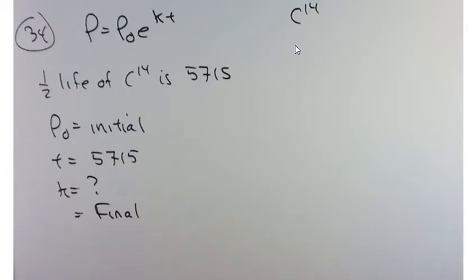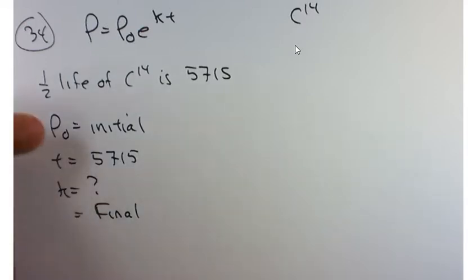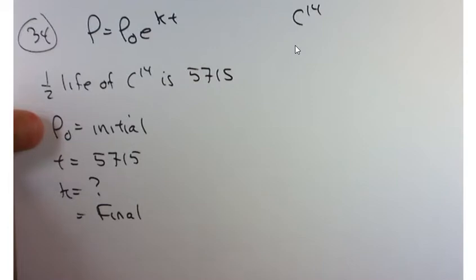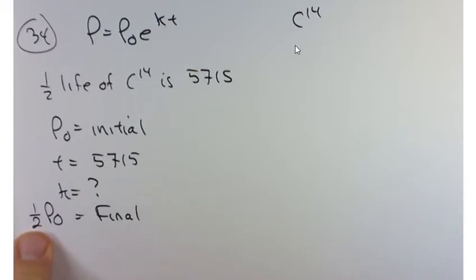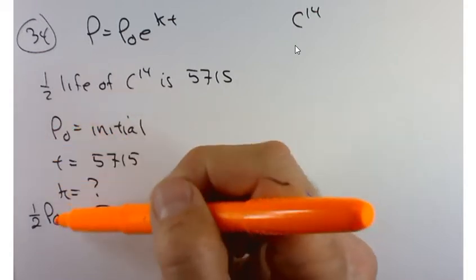They're giving us the time that it takes this to decay down to half of the original amount. So if we start out with this, whatever it is, we'll end up with 1/2 of that. So that's the big thing here. Not just a 1/2, but 1/2 times P sub 0. Half of whatever this is. It could be 1,000,000, it could be 1,000, whatever it is.